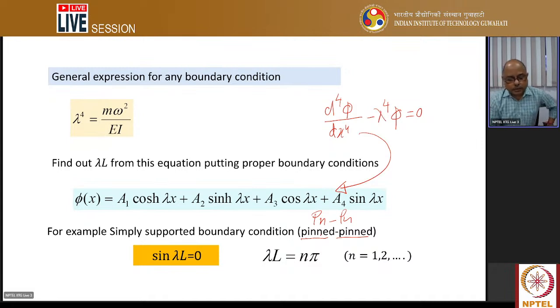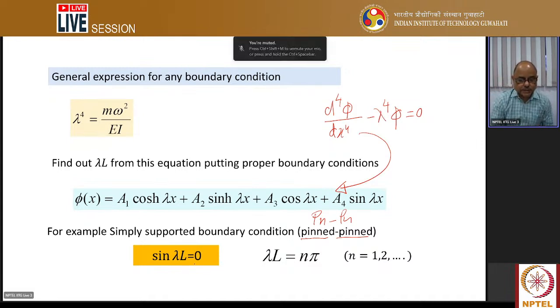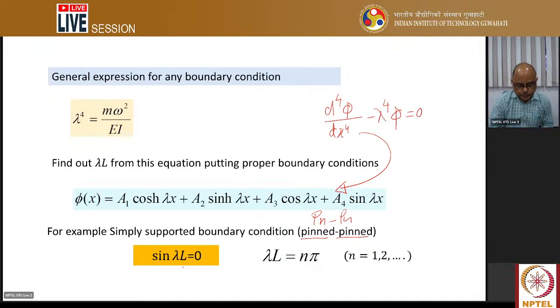So imposition of boundary conditions leads to a transcendental equation of this nature. It is a highly nonlinear equation which gives multiple values of the roots lambda l. Lambda l is found as n pi, where n varies from 1 to infinity. That means for a continuous system like this, there are infinite natural frequencies and accordingly infinite transverse modes of vibration.